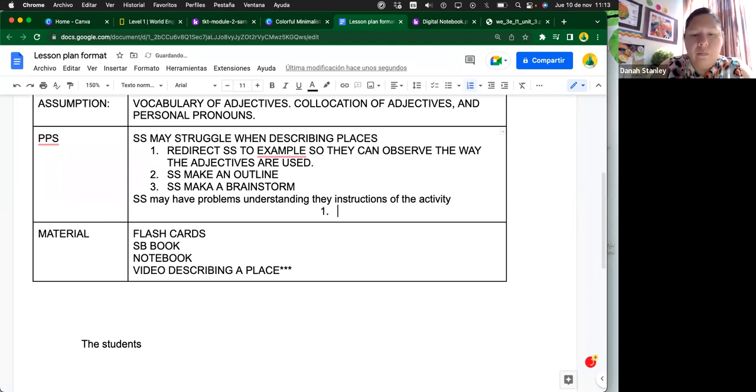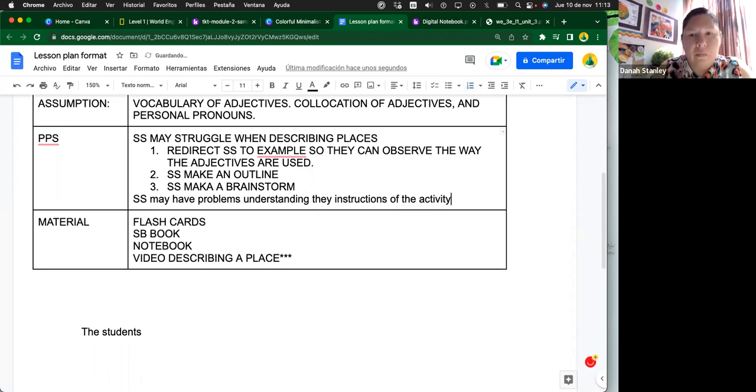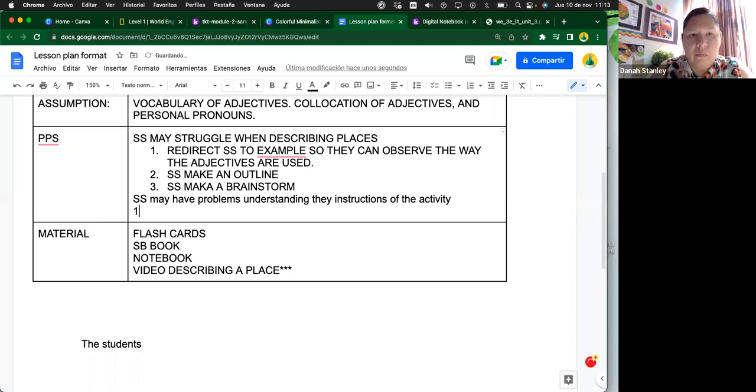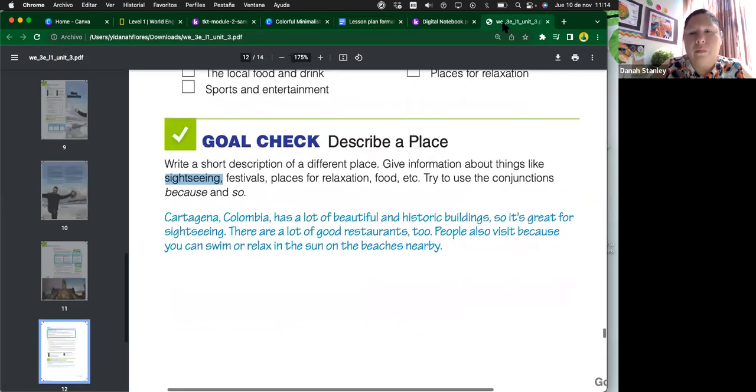Solution: teacher will highlight, no, will read the instructions together and highlight the keywords. There it is.